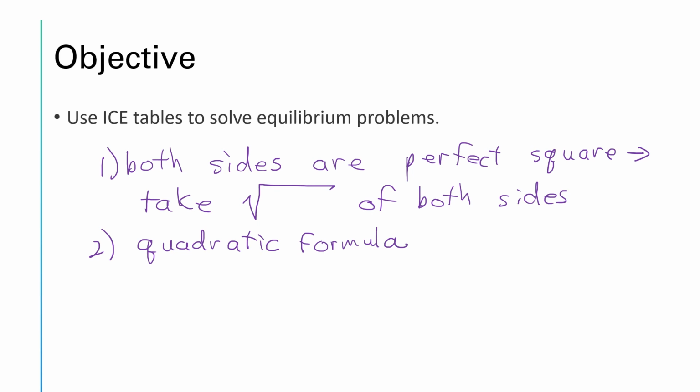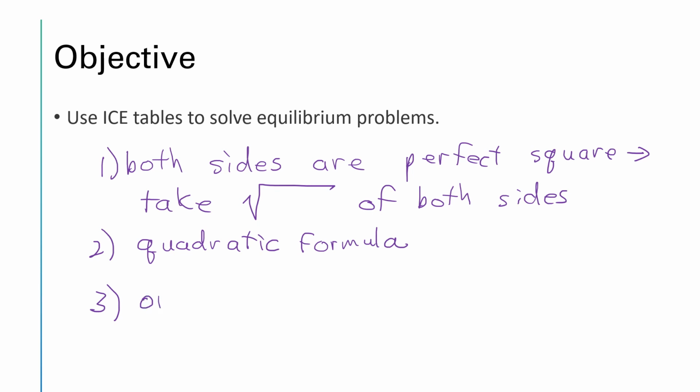The Sapling Learning homework platform is algorithmic, so different students get different numbers. So you might have to, you might not have to, but I won't ask you to do that on a test because the algebra takes so long when you do the quadratic formula by hand. And then in that last case, we had one that potentially could have led to using a quadratic formula, except that the reactant was a solid, and so it doesn't appear in our equilibrium constant expression.